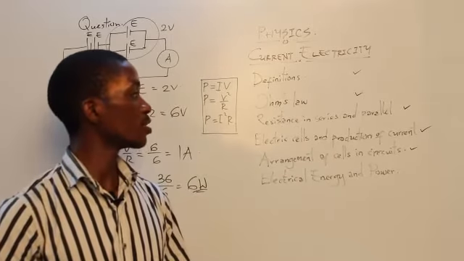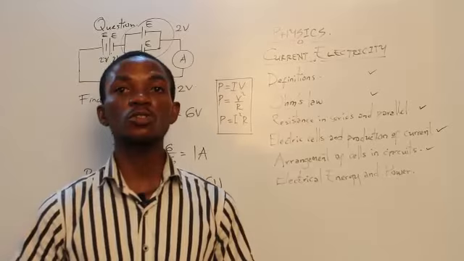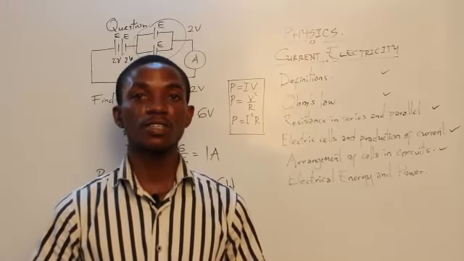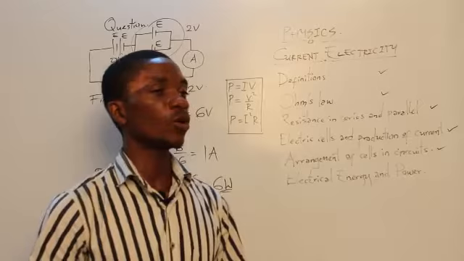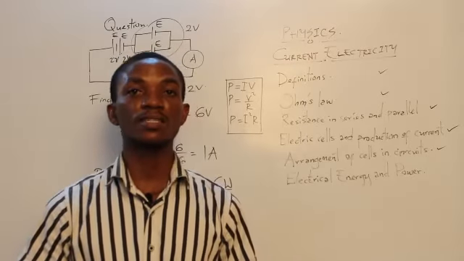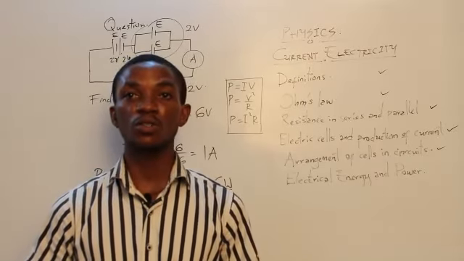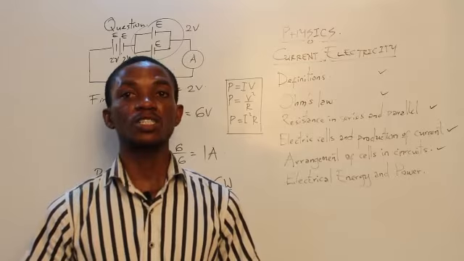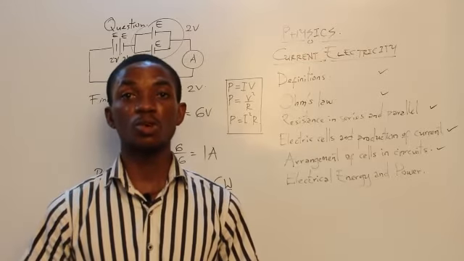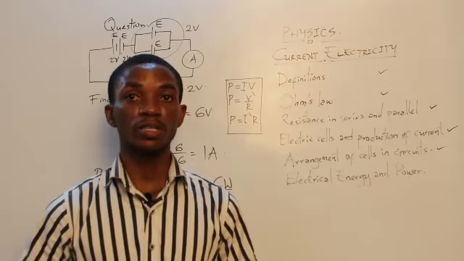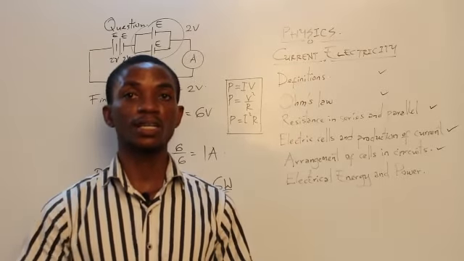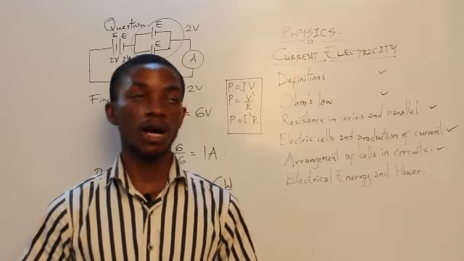We also defined resistance as any opposition to the flow of current in a circuit. We also looked at Ohm's law. Ohm's law states that when current is flowing through a conductor or a circuit, the potential difference, that is the voltage drop, is directly proportional to the current flowing. And that led us to the formula V equals IR.